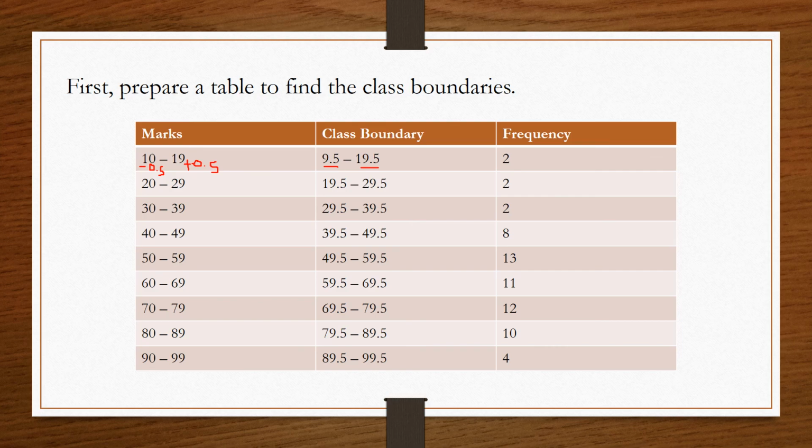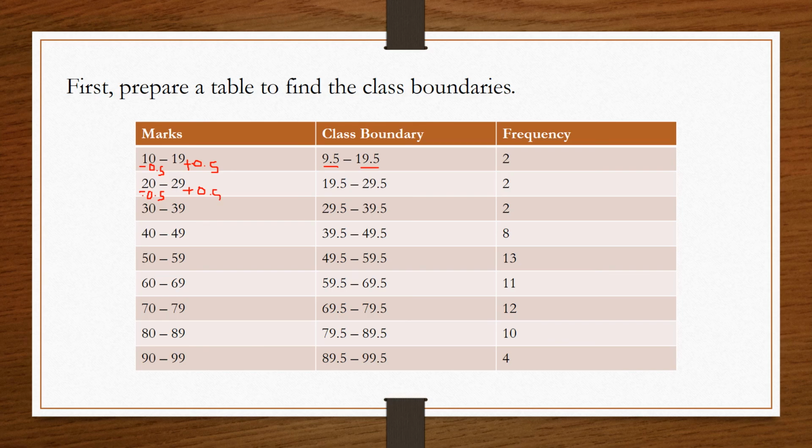So for this also you subtract 0.5 from this. You keep subtracting from the lower class limit and adding to the upper class limit the same 0.5.